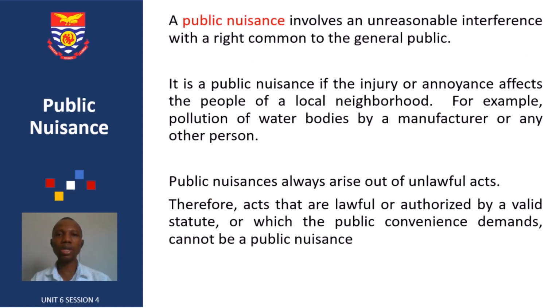A public nuisance involves unreasonable interference with rights common to the general public. A typical example is whereby someone pollutes the water bodies used by the whole community. We all fetch water from this particular source, but a particular manufacturer or a galamsey operator destroys the water.